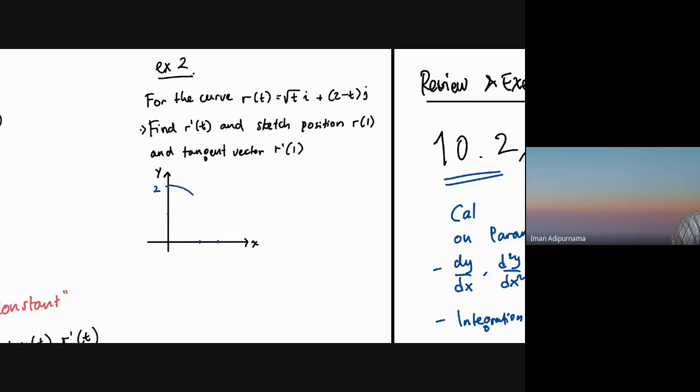Maybe this is the vector R1, and this will be 1, 1. The tangent vector should be here.